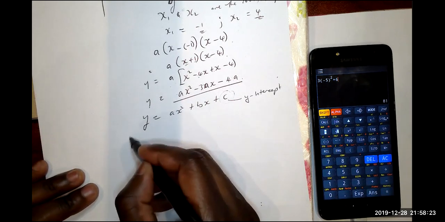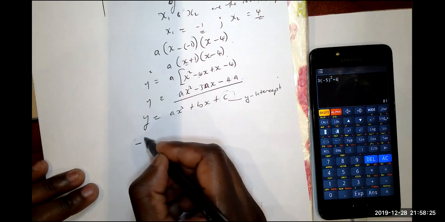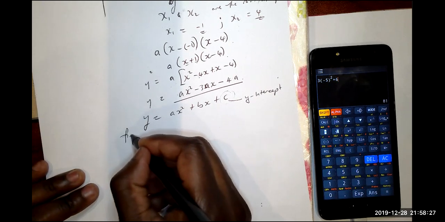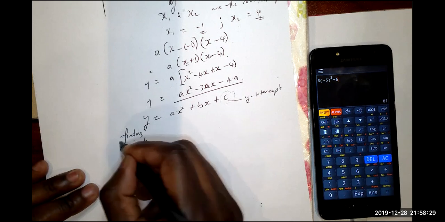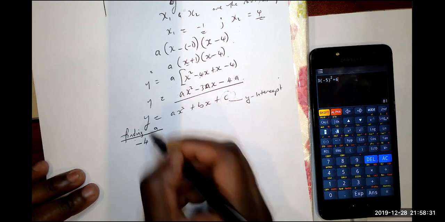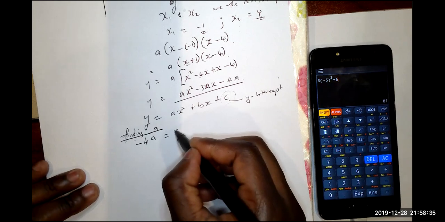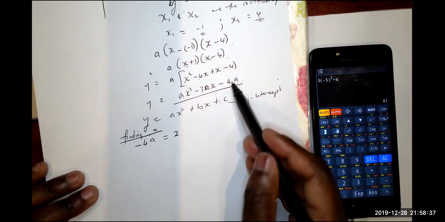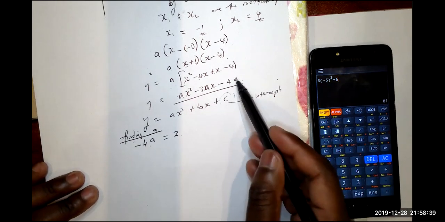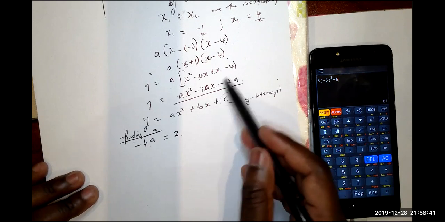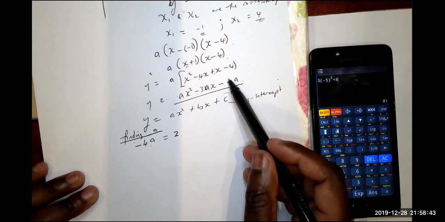Finding a, you're going to say negative 4a is equal to 2, because negative 4a is, in this case, your c, and that's where it cuts the y-axis.